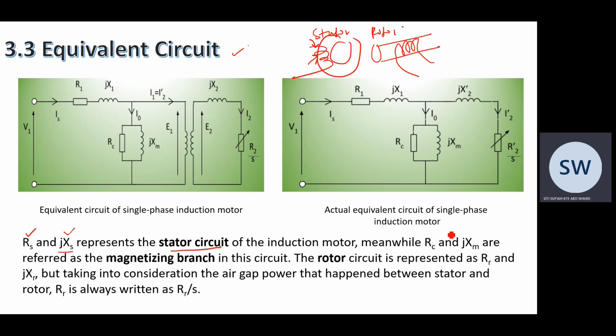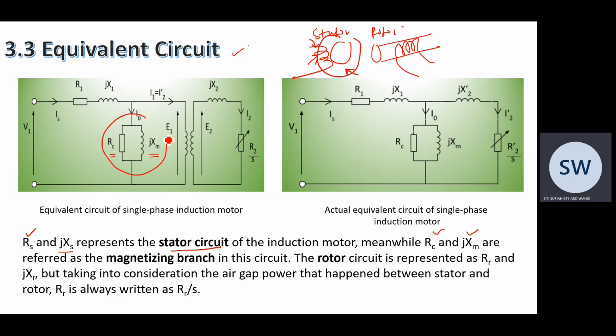Also, we have RC and XM, just like in a transformer as well. RC is the resistance of the core, while jXM is the magnetizing reactance that happens in the core as well.